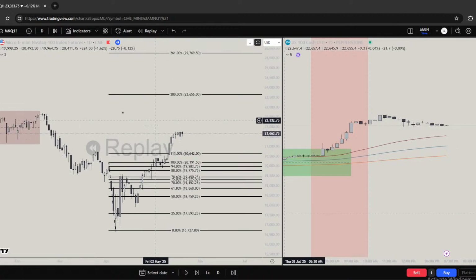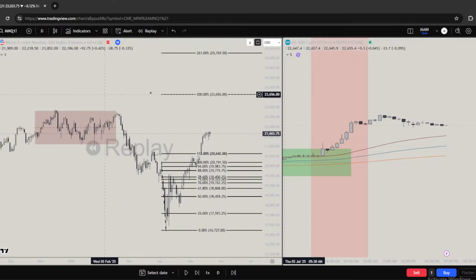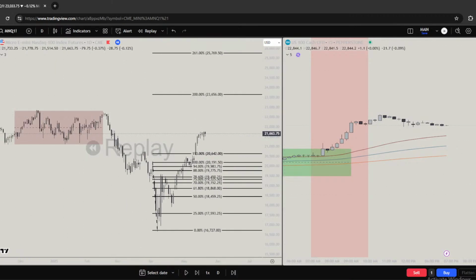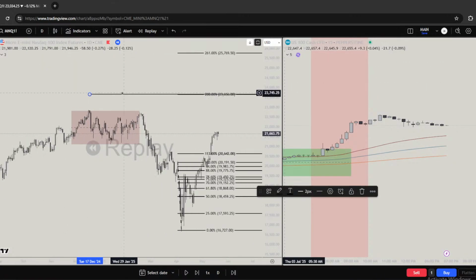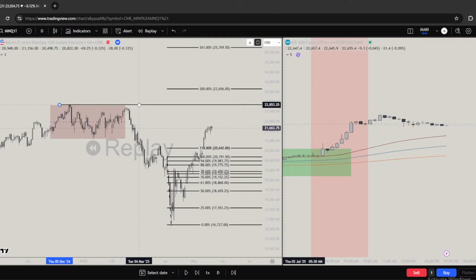Over to 113, we'll be targeting this 200 range right here. Targeting here. But I'll be targeting these equal highs here.